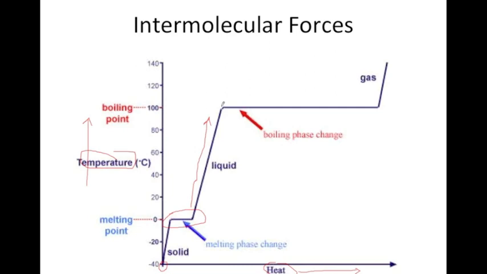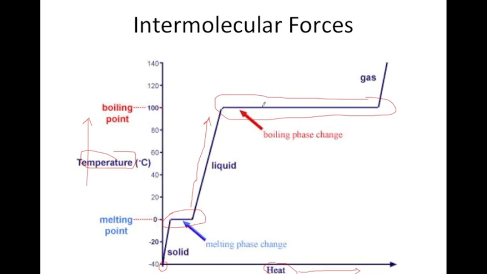So we add enough heat that the molecular motion of the molecules has again increased sufficiently that they are beginning to break free of all of the intermolecular forces holding the molecules together. At this point, we begin to boil, or undergo a phase change from a liquid to a gas. And as you notice, again, we have a flat plateau. We're adding heat, but the temperature is not increasing.